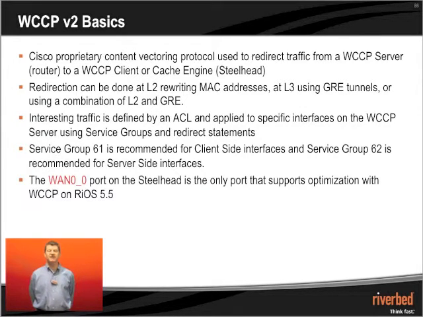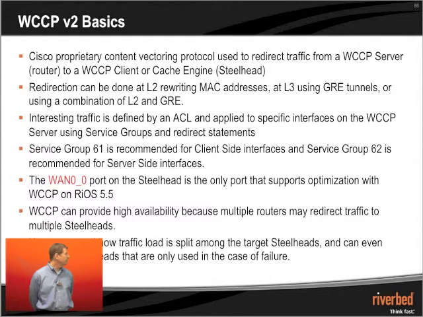Remember that we're going to physically cable to the WAN 0 port, and WCCP provides a form of high availability in that multiple steelheads can be connected to WCCP groups, and the router or switch redirecting device will automatically load balance rudimentarily across those different devices.